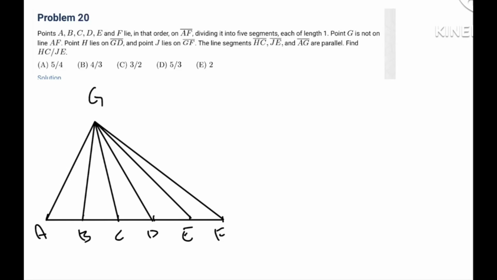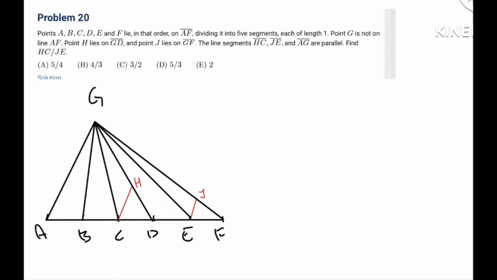So if we find point H lies on GD, HC would be from here to here, and then JE would be like this. And it says that these three are parallel. So HC over JE, this is H and this is J, right?